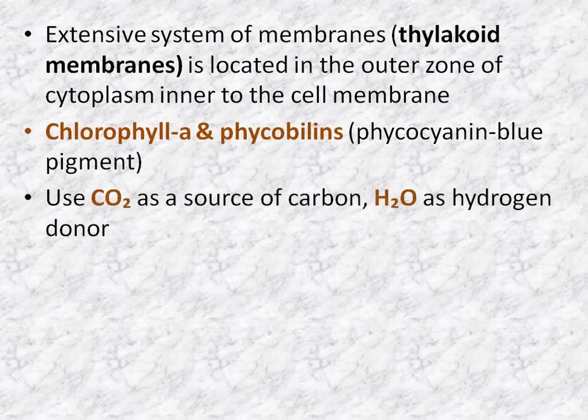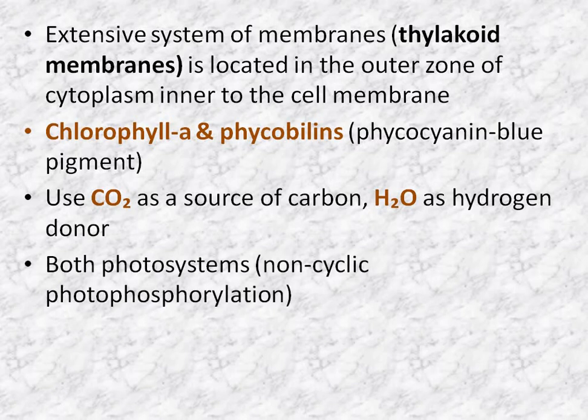And these cyanobacteria use carbon dioxide as a source of carbon, and hydrogen is produced from water, just like eukaryotic organisms, which is different from bacteria. And their photosynthesis also includes photosystems. Photosystem is a feature which is present in eukaryotic organisms, in plants.